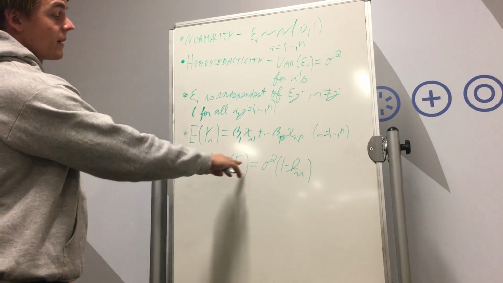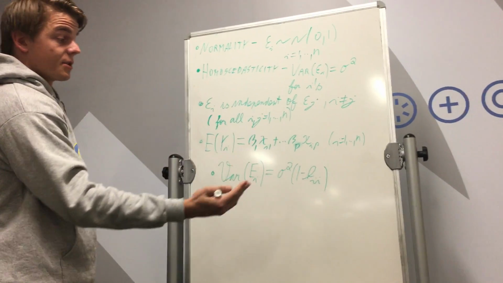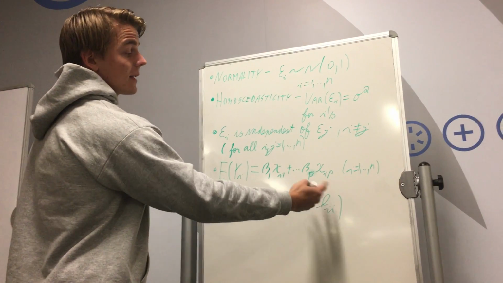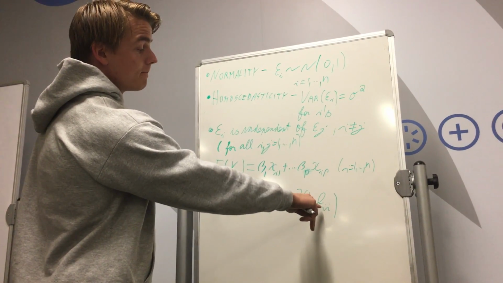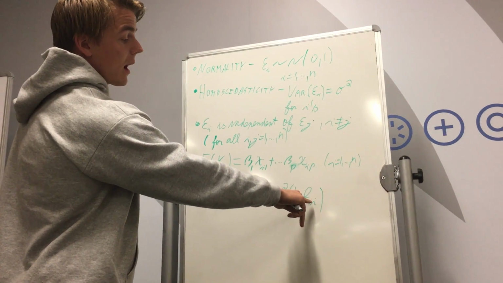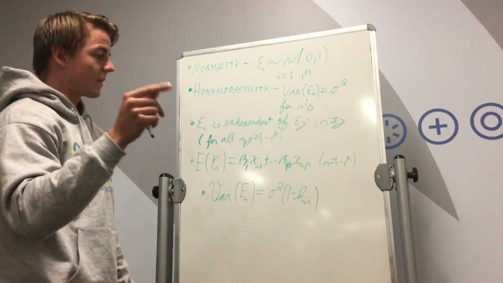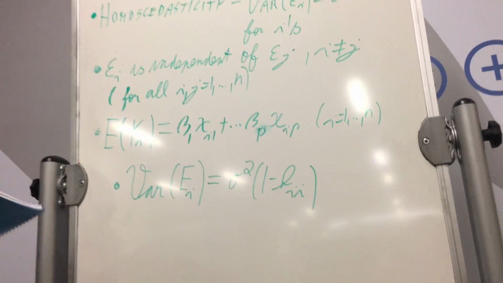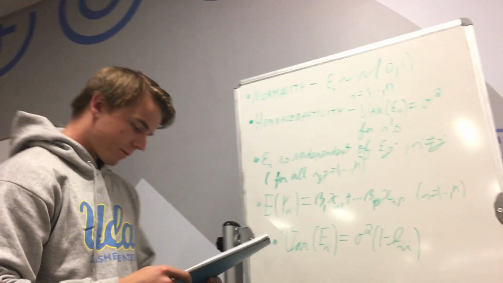So this is the variance of the ith residual: sigma squared times 1 minus the ith diagonal value in the H matrix. Therefore, it changes for each i.